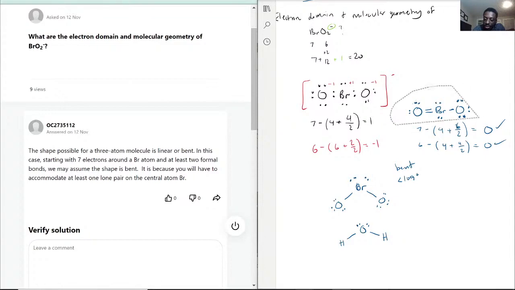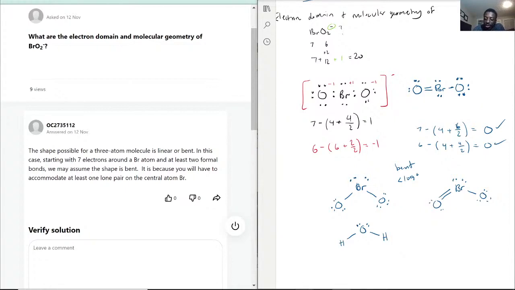If I can just move everything up, this right here could possibly be its more stable form, but at the end of the day, you still have a bent shape. So this could be a possibility.